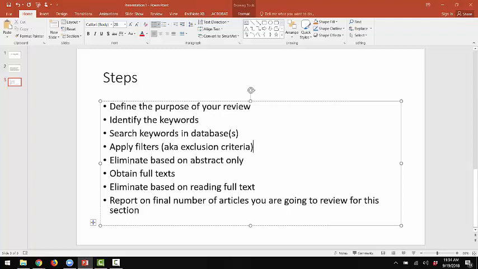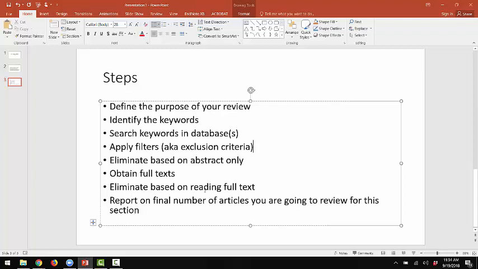Then you're going to look at the abstract and title of the articles that come up, eliminate ones that you can tell right away from just a precursory glance that those aren't going to meet your needs. Then you'll obtain the full text of articles that you think will be good and fit the purpose of your review.